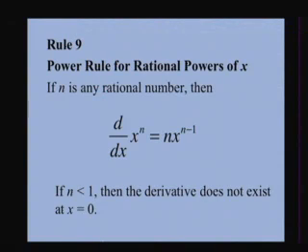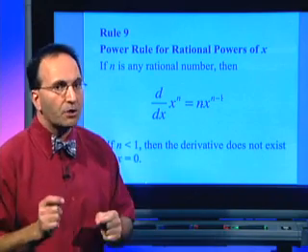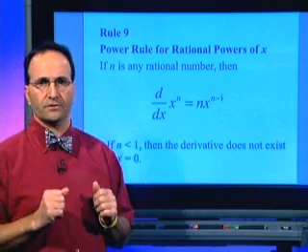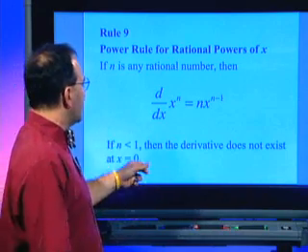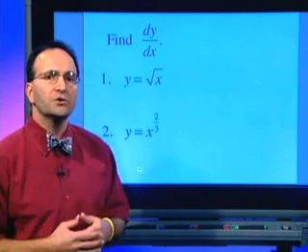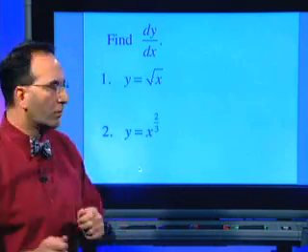Now, yes, we've seen this in the power rule, but the difference here, as you can note on the bottom of the slide, is that if n is less than 1, then the derivative does not exist at x equals 0. And we're talking about rational powers now instead of just integer powers. Well, let's take a look at an example where we will use that new rule.